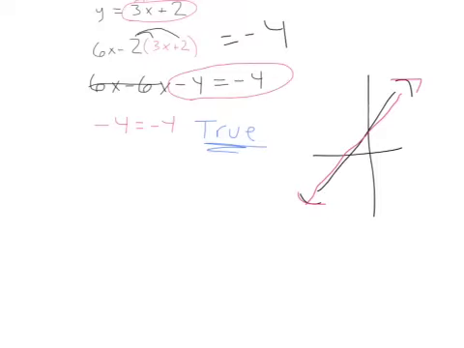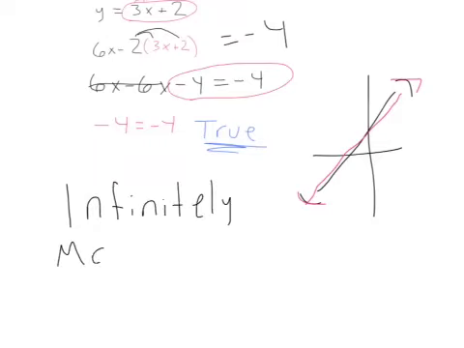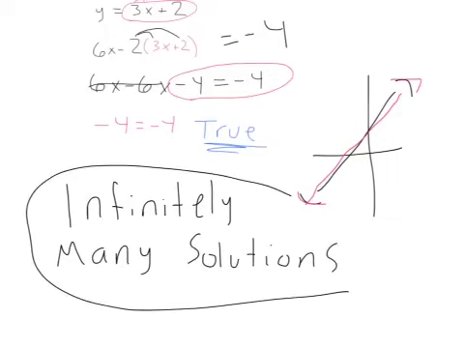So when you get this situation here, negative 4 equals negative 4, your answer is infinitely many solutions. Remember, this is the special case when you cancel out your variable and you get something equals the same thing, and it's true.